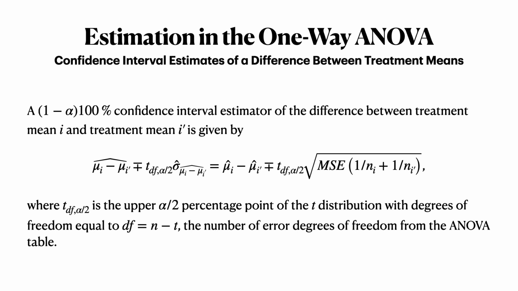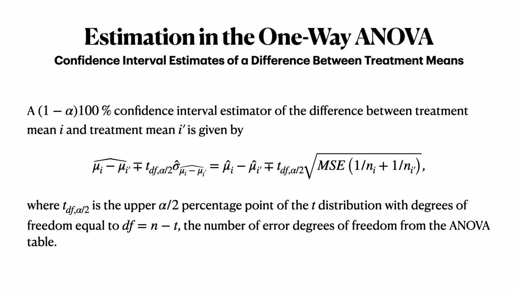This is given by the point estimator plus or minus the margin of error associated with that point estimator, which is the product of an interval coefficient from the t-distribution and the estimated standard error of the point estimator.